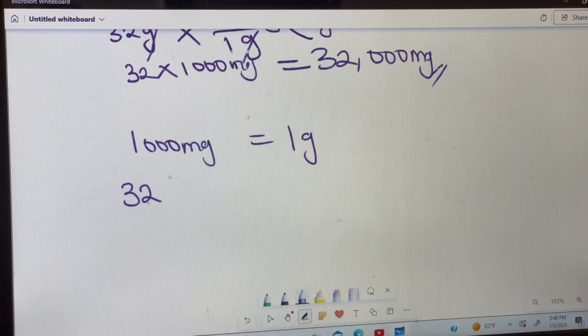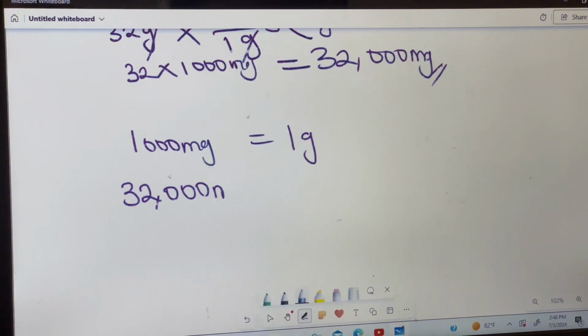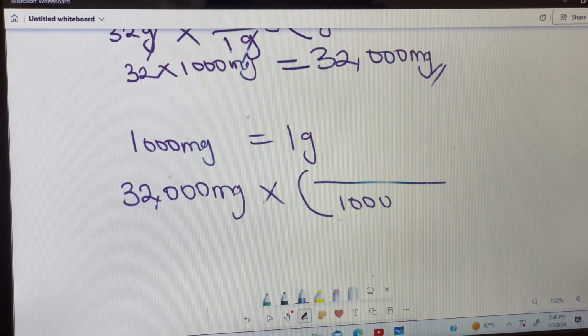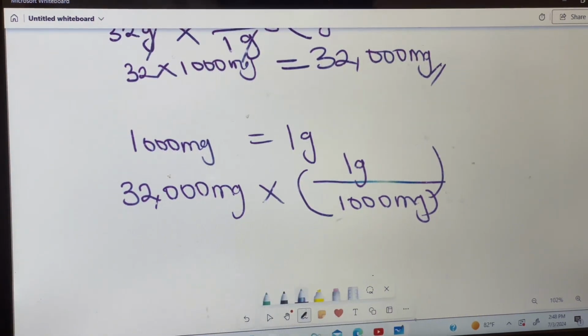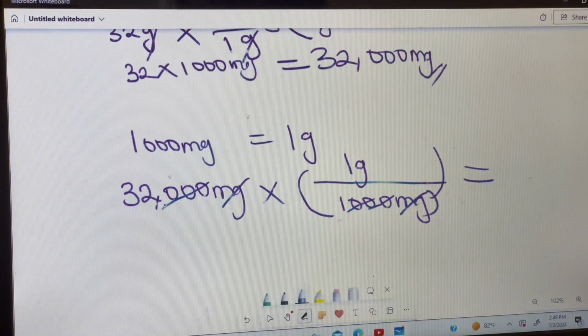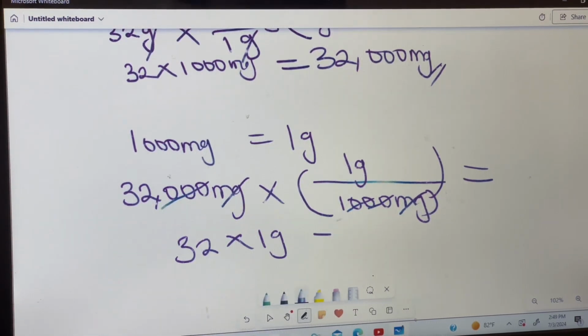We're going to set it up in a way that milligram will cancel milligram, so it's going to be multiplied by 1 gram over 1000 milligrams. Milligram cancels milligram, and the 3 zeros cancel 3 zeros, and we'll be left with 32 and 1 gram. So 32 multiplied by 1 gram gives us 32 grams.